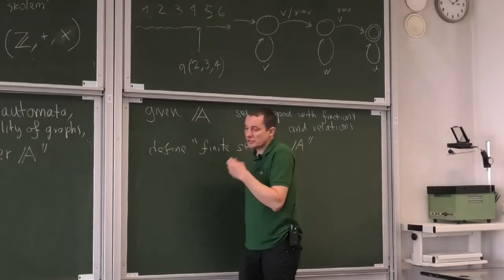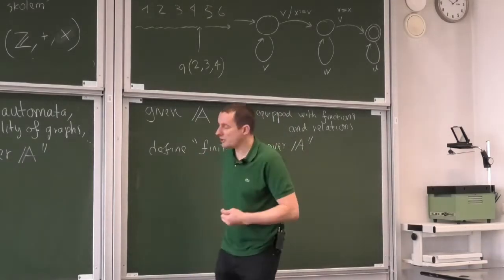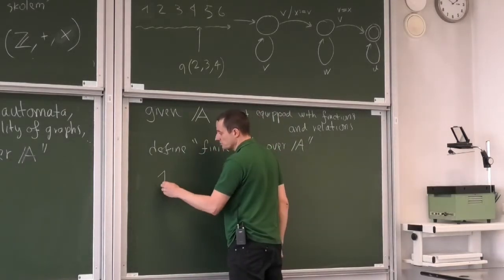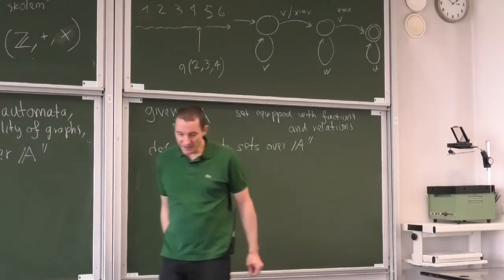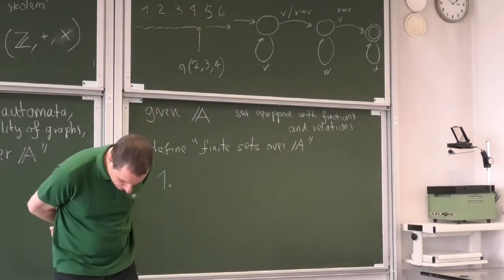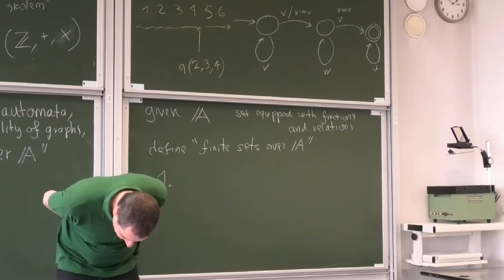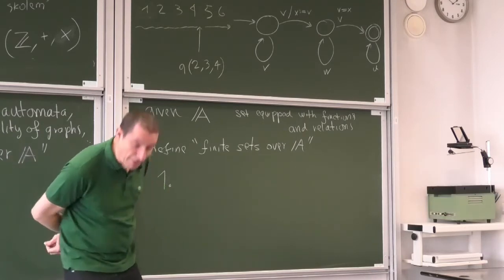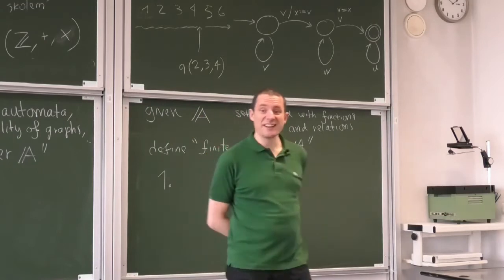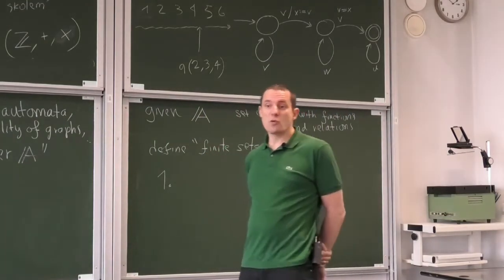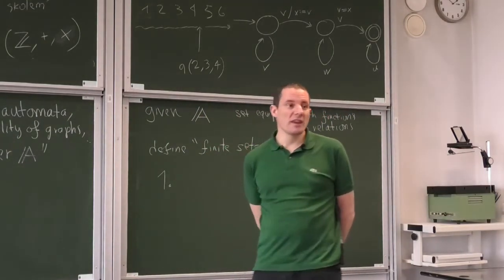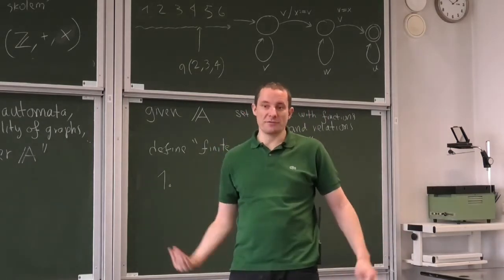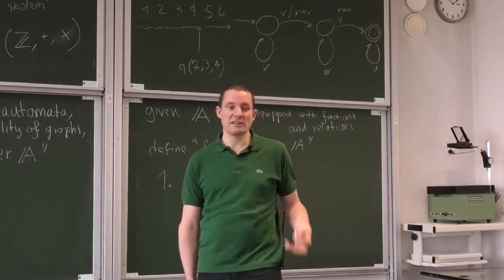And what properties should this have? Number one, first of all, it should be kind of interesting. An obvious way would be to just say it's the usual notion of finite sets, and we're done, okay? Clearly this is not what we want.